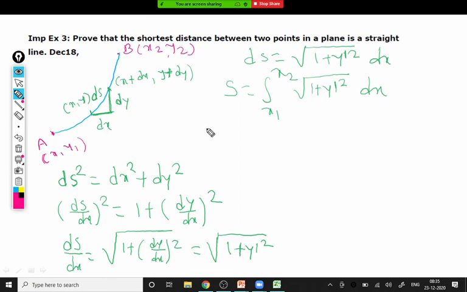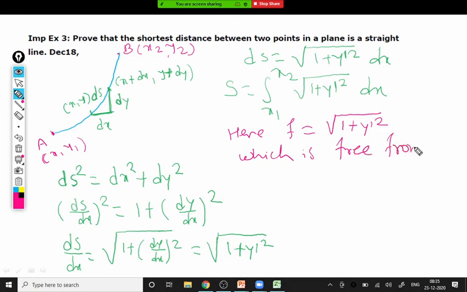Here the integrand f is root of 1 plus y dash square, which is free from x, meaning this f does not depend on x. The variable x is not there.